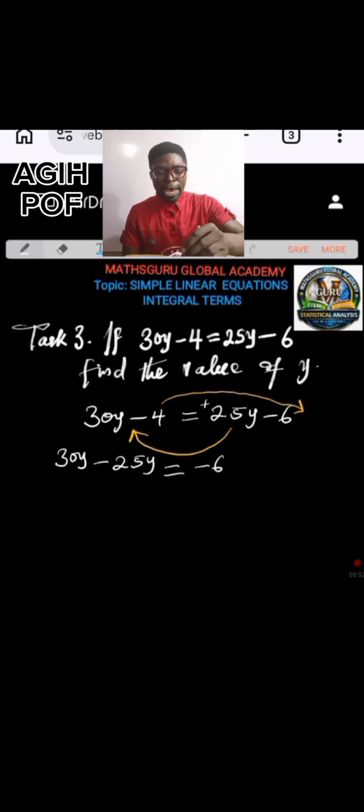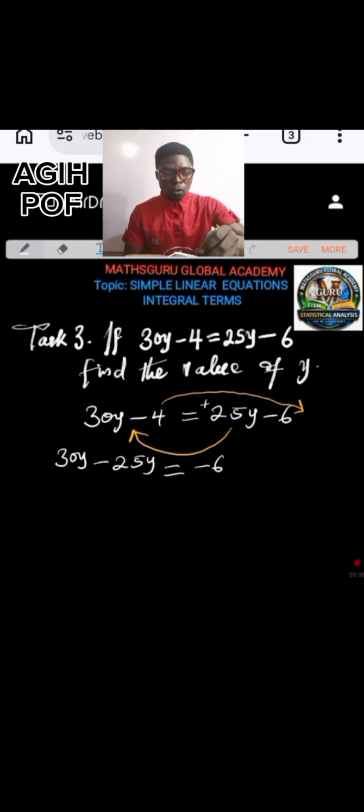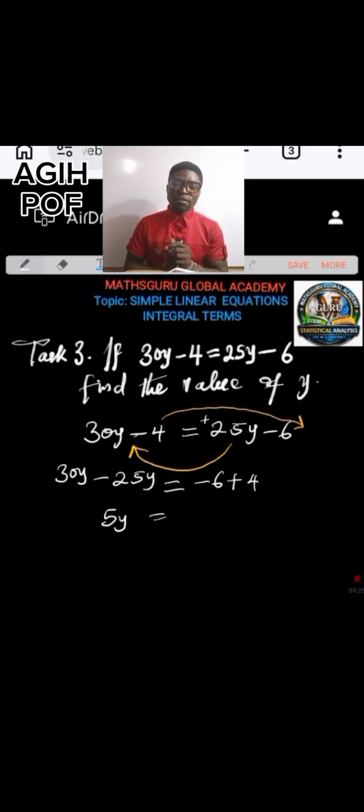Negative 6. And we are moving negative 4 to that side of the equation. So this is going to give us positive 4 since it's negative here. Alright, 30y minus 25y will give 5y. And negative 6 plus 4 is equal to negative 2.